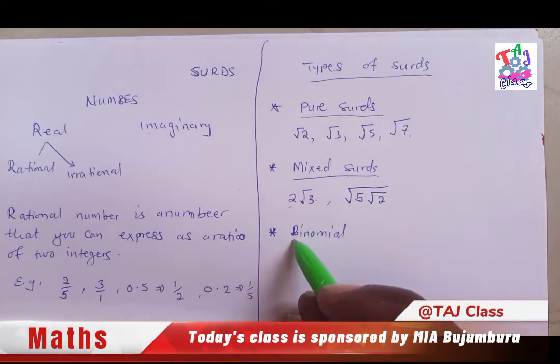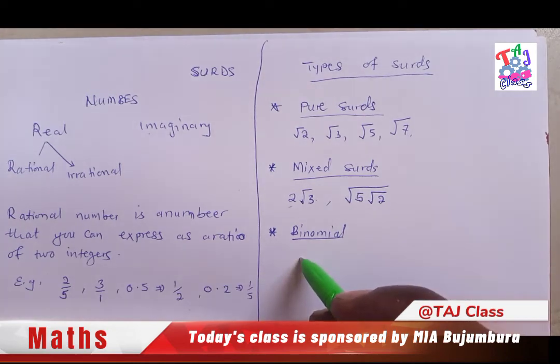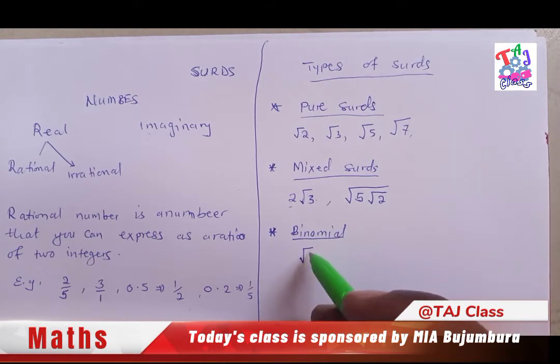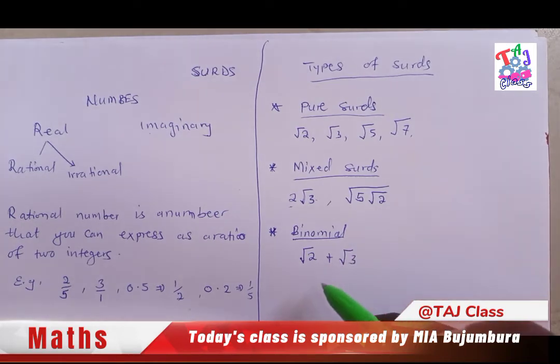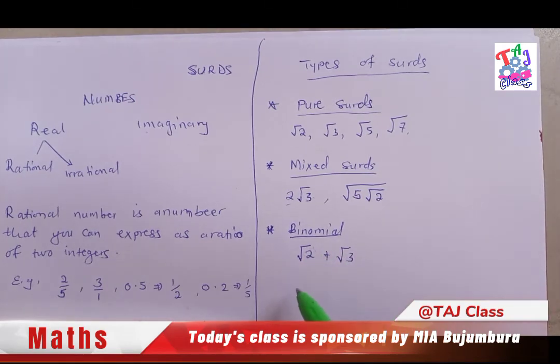Now, under binomial, bi means 2, so the term should consist of 2 surds. That is to say, the square root of 2, let's say, plus the square root of 3. This one is a binomial surd because it has gotten 2 surds in it.